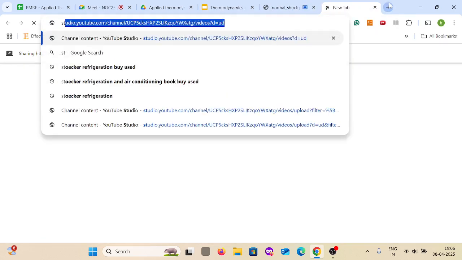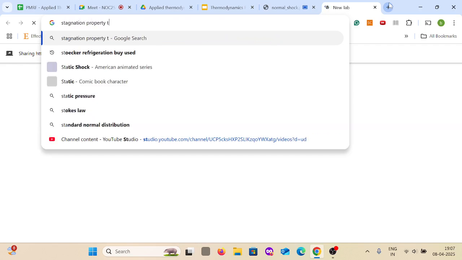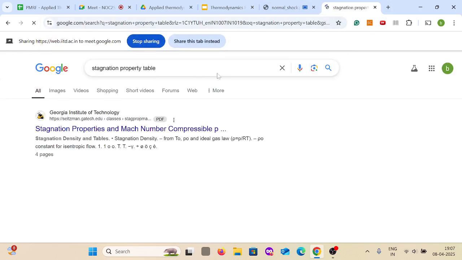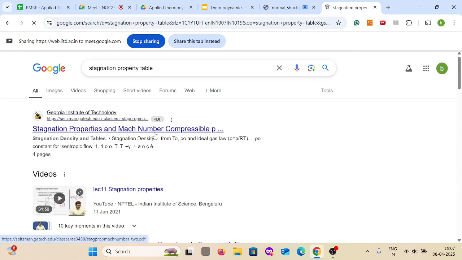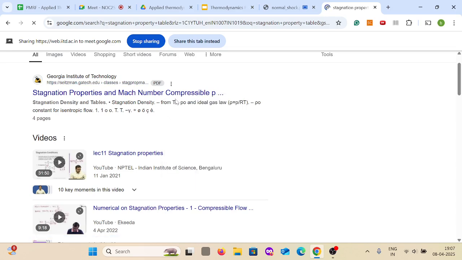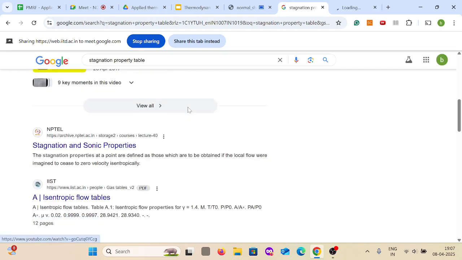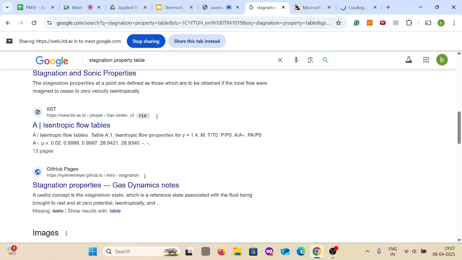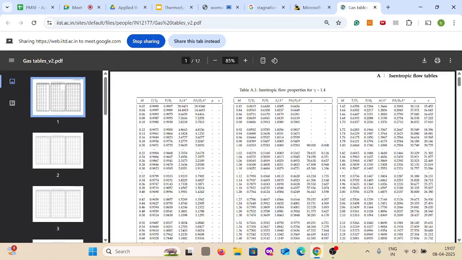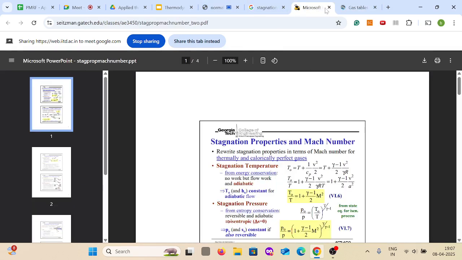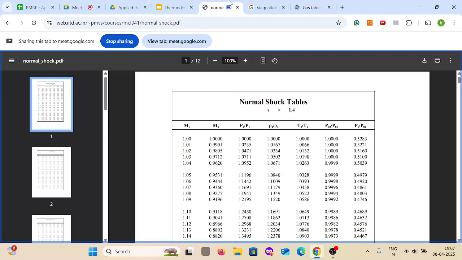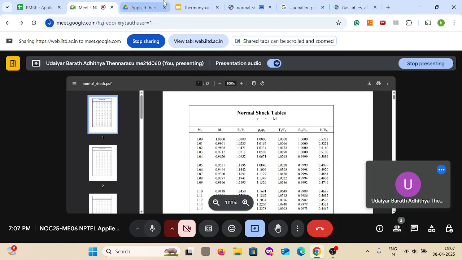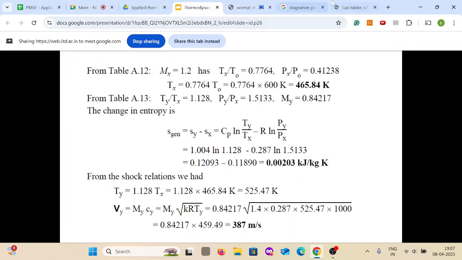And see if I can find. So here my Mach number is 1.2.